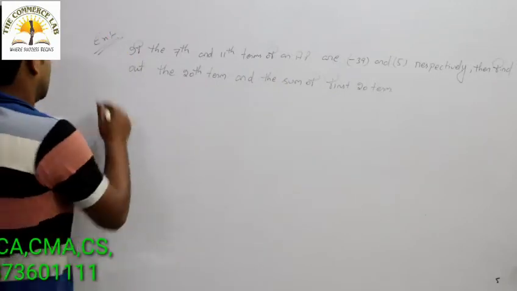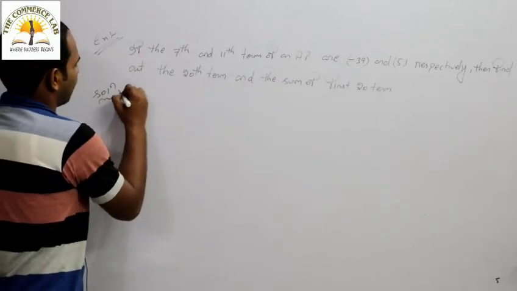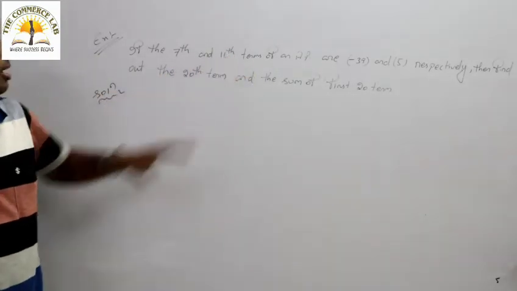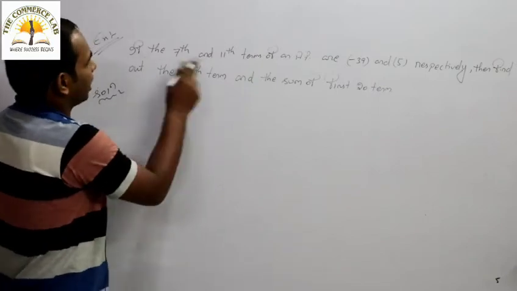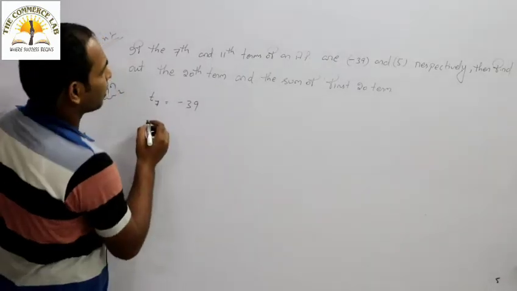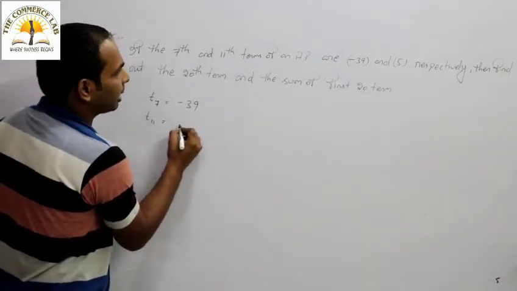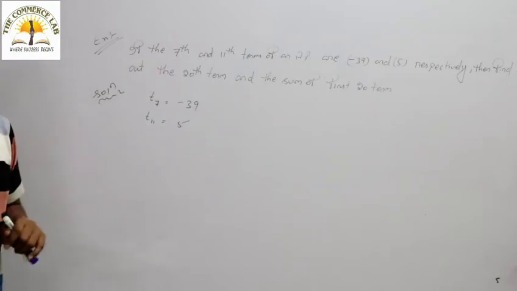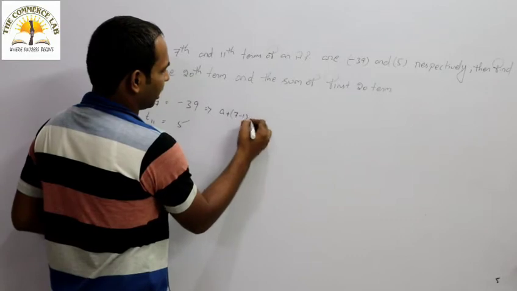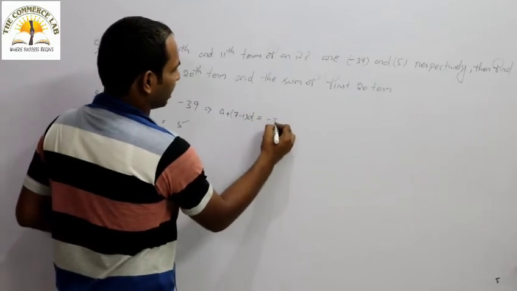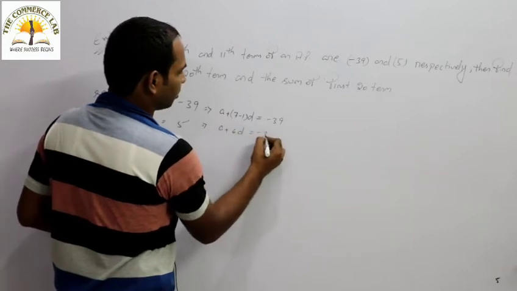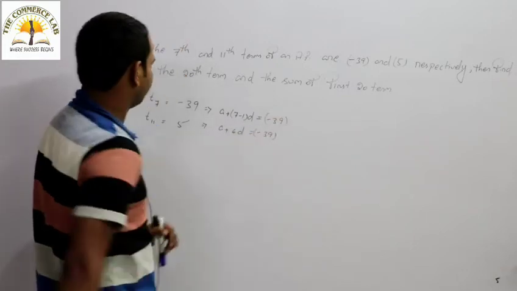So how do we proceed? First find out what is given. Here it is given that T7 is equal to minus 39, T11 is 5. So T7 is A plus 7 minus 1 into D equal to minus 39, or it can be written as A plus 6D equal to minus 39.